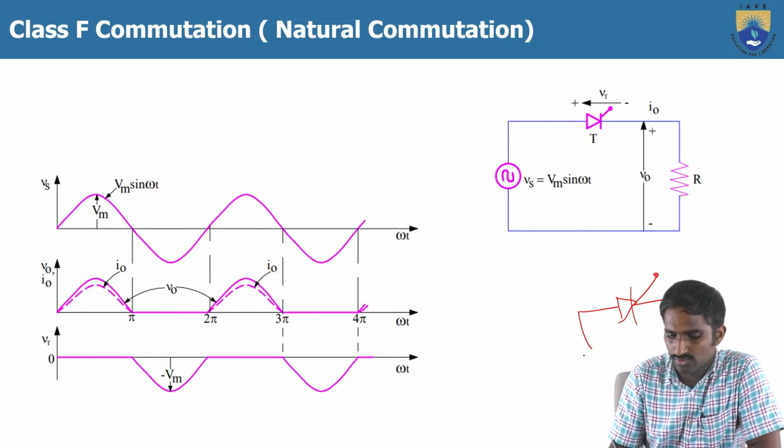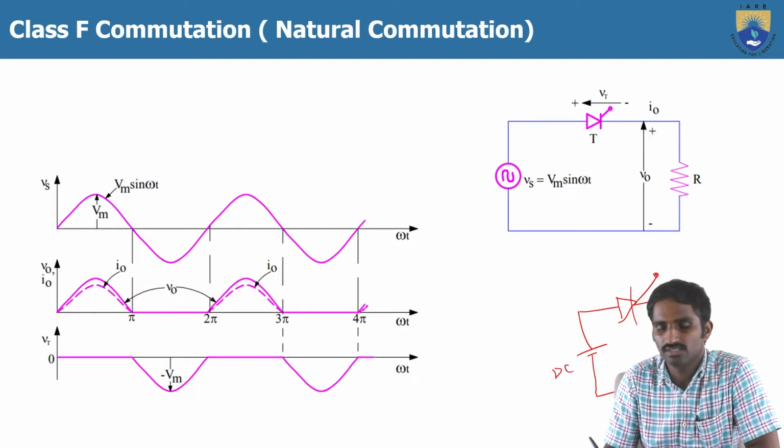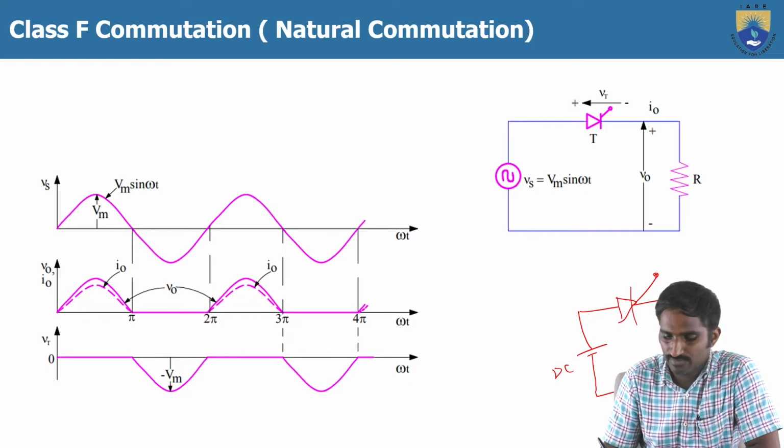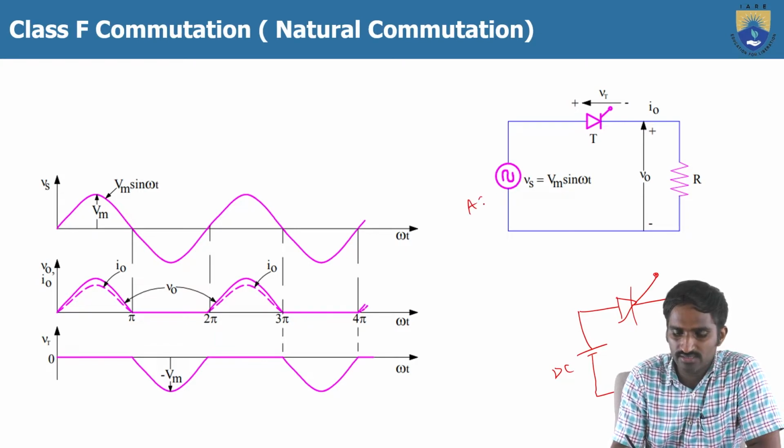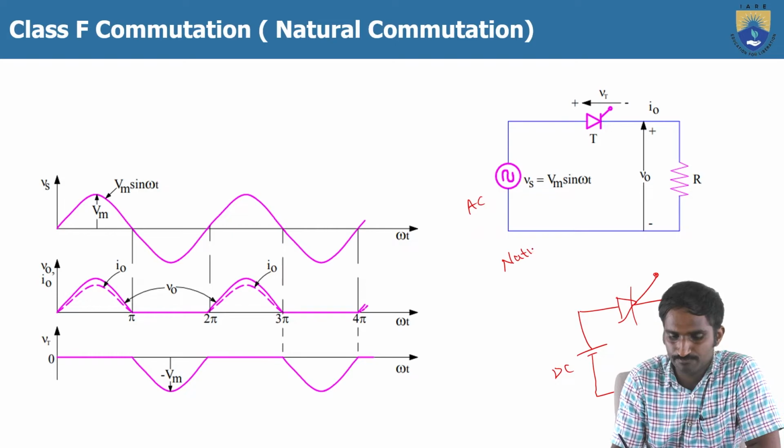If you apply a DC across the thyristor, then here we use the forced commutation technique, and if we are applying the AC, then here we use the natural commutation.